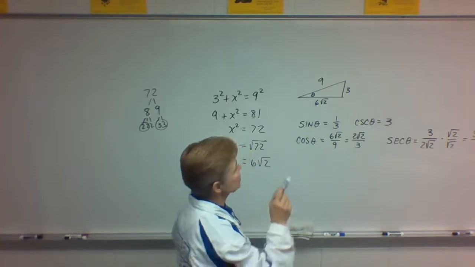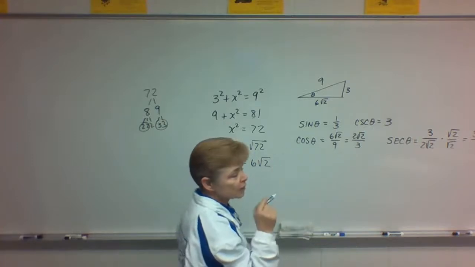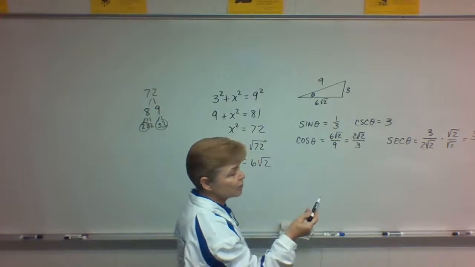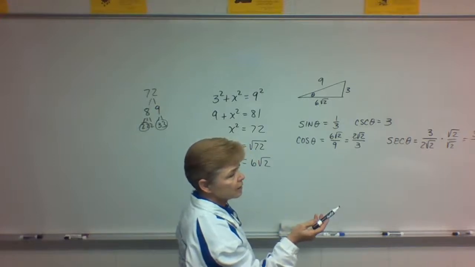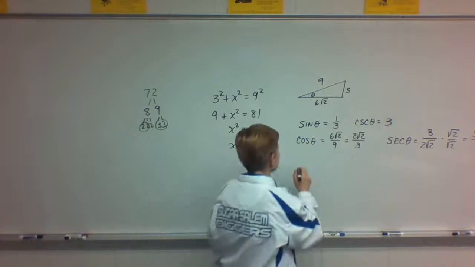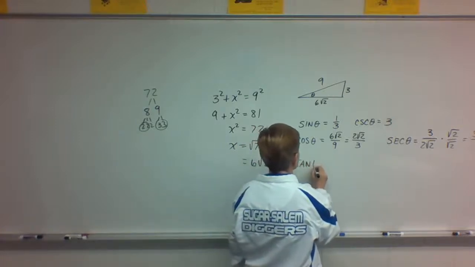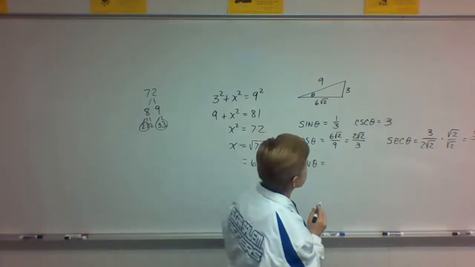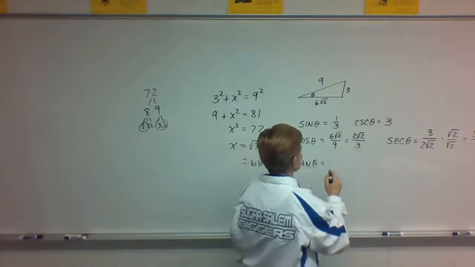So this isn't just simply remembering how they're related and writing something over something else. You've got to do all the simplifying, rationalize denominators, cancel things where you can. It's a little rougher than you think. What is the tangent of theta? 3 over 6 root 2. Good.